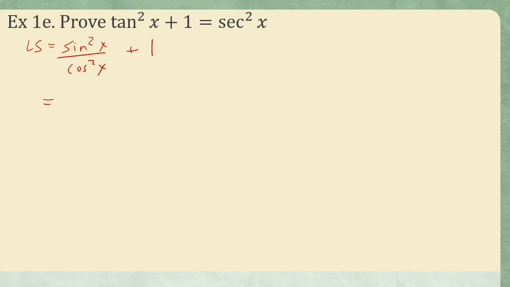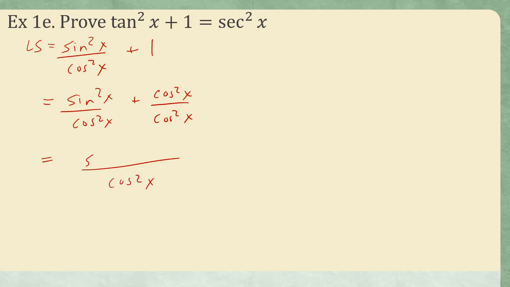I need a common denominator, which means, how can you change 1 to be a common denominator of cos²? It just simply has to be cos² over cos², right? Anything divided by itself is 1, so cos² over cos² is 1. Okay, we have a common denominator, cos² x, sine² plus cos² on top. That's your Pythagorean identity. Sine² plus cos² is 1 over cos².